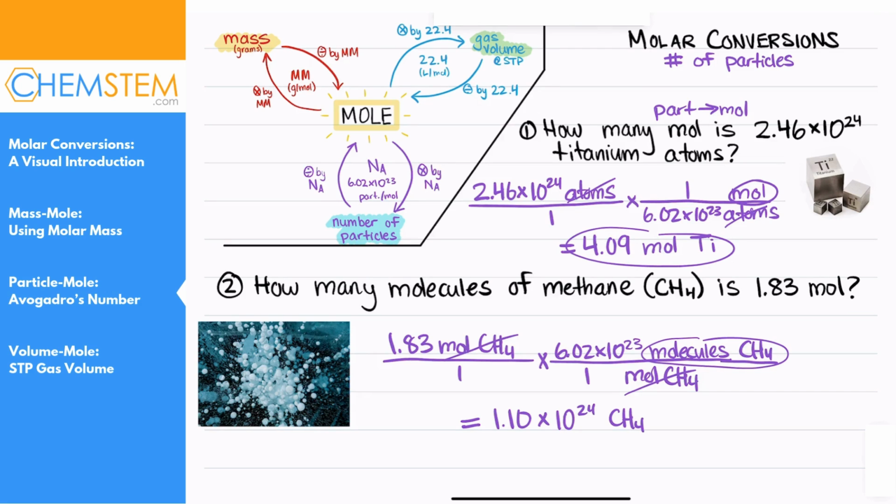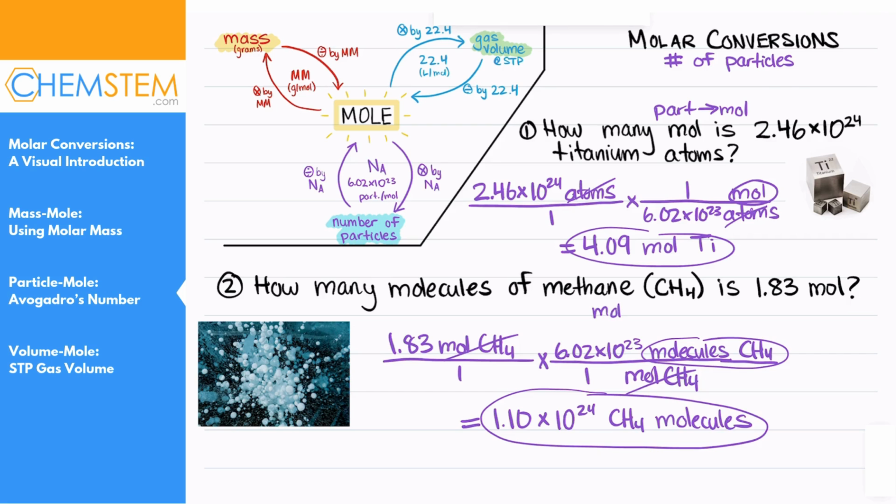You can do it in either order, or you can just omit the CH4, but you do need to have units. And in this case, the units are molecules. So for number 2, what we did was we went from moles toward particles. And that explains why in number 1, we divided by Avogadro's number, as it says we should. But for number 2, we multiplied by Avogadro's number, just like it says we should.